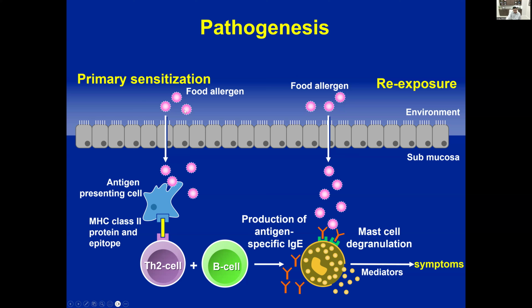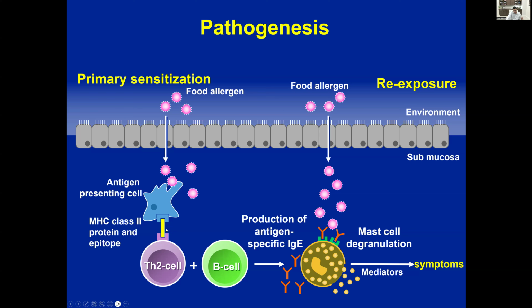And by the way, food allergens are all proteins. So the dendritic cell will pick up the protein. It will divide up the protein into peptides and present it on this molecule, a glycoprotein called MHC class 2, where, in the right milieu, this dendritic cell will then migrate into the regional lymph node where it gets picked up by a Th2 cell, and the Th2 cell will then produce IgE antibodies against this particular food epitope.